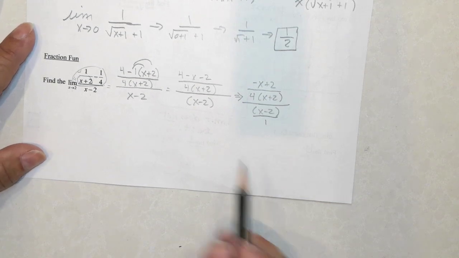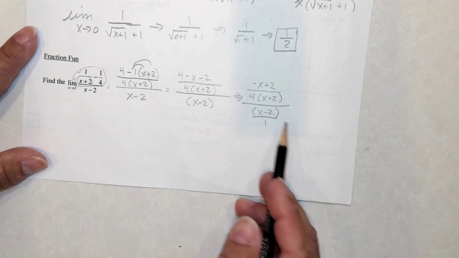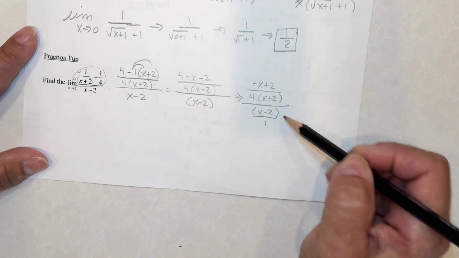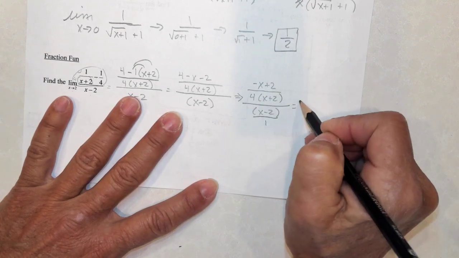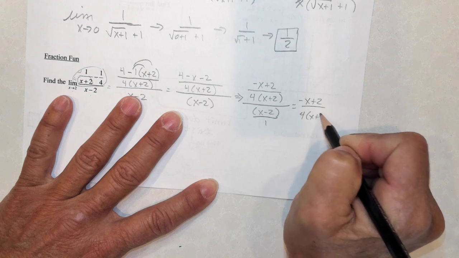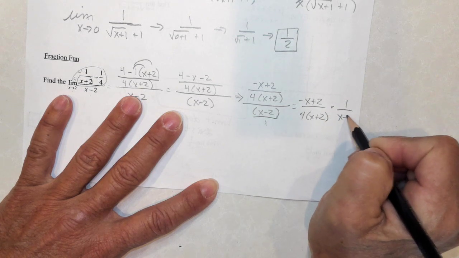So we're still looking to simplify this down, and nothing is canceled. We're going to ultimately take, remember with stacked fractions, the top times the reciprocal of the bottom. So I'm going to end up with this top fraction multiplied by the reciprocal of this, which would be 1 over x minus 2.